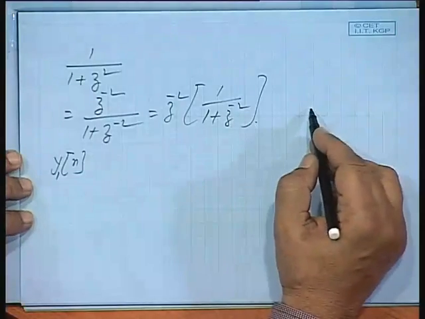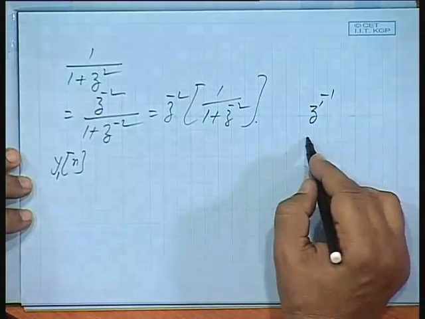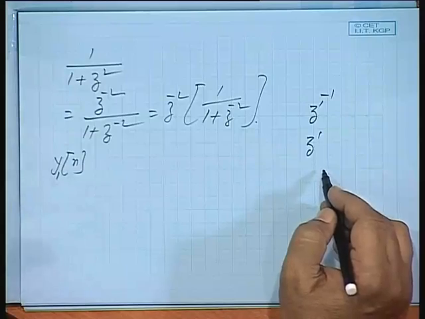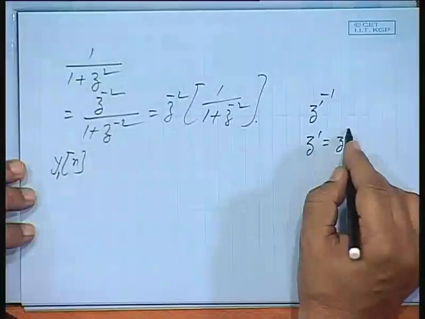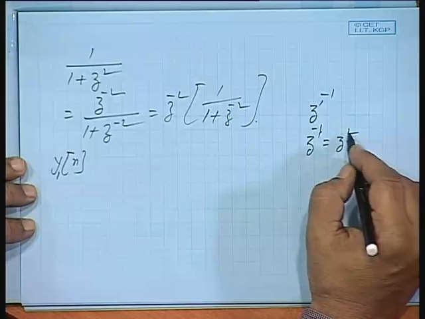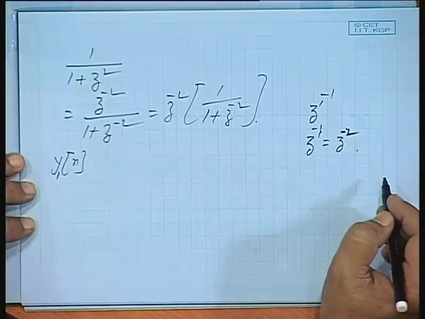So, treat this as some Z dashed to the power minus 1, where Z dashed is equivalent to 2 normal shifts, which I am considering as a single shift in a new scheme. So, Z dashed is basically Z square, or Z dashed to the power minus 1 is basically Z to the power minus 2. All right.